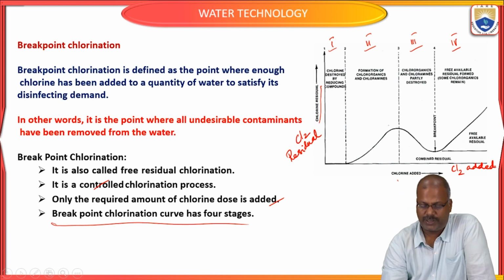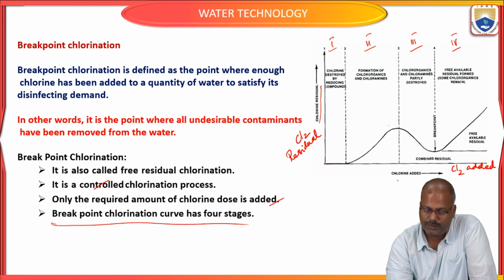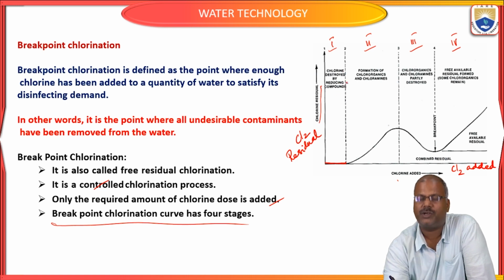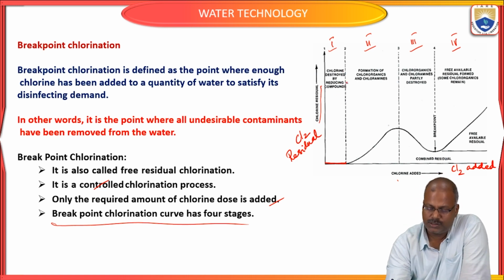Initially, when you add chlorine, there is no residual, so there is no curve here because it is all consumed. Chlorine is destroyed by the reducing compounds.